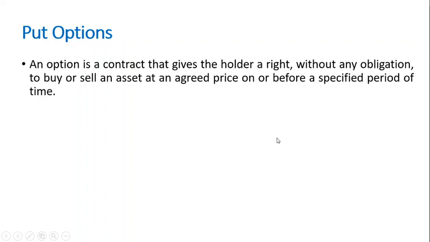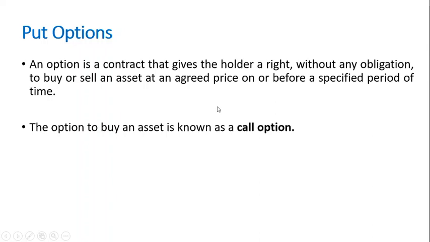As discussed in the previous session, an option is a contract that gives the holder, if you're an option buyer, a choice that you can either buy a particular asset or sell a particular asset at an agreed price. And therefore, there can be two types of option.